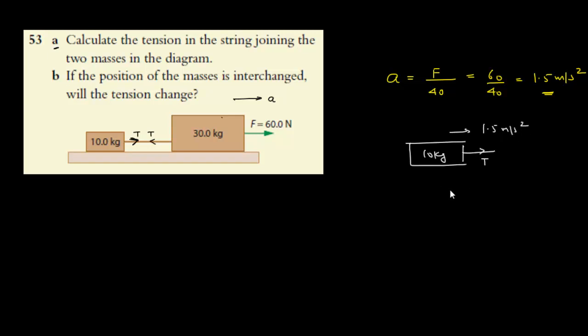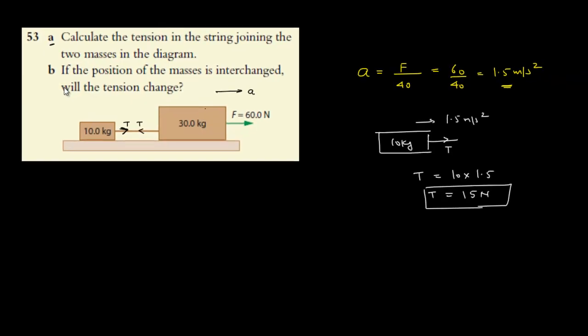Now using Newton's second law, the force acting on this 10 kilogram mass is T, equal to mass 10 kilogram into acceleration 1.5. So the tension acting on this 10 kilogram block is 15 Newton. So part A we have calculated.